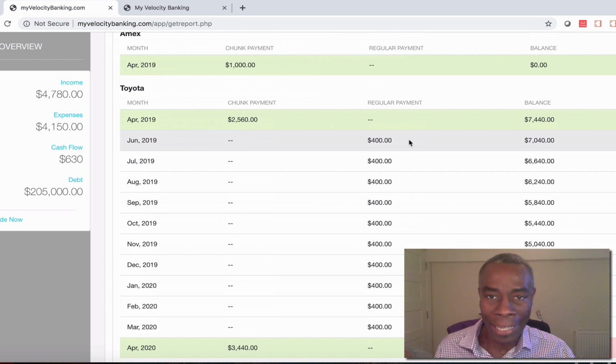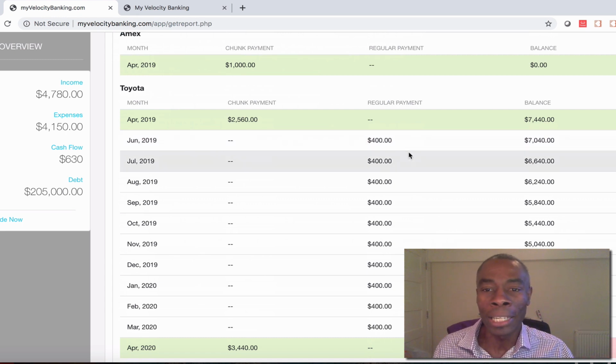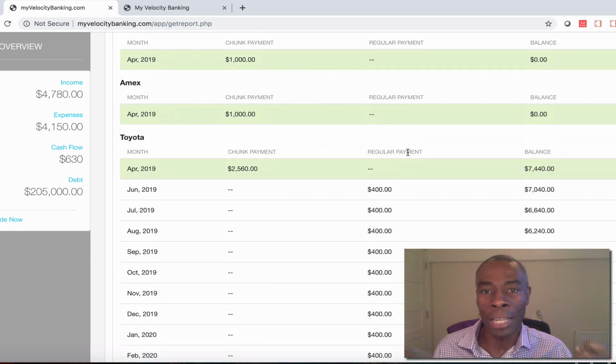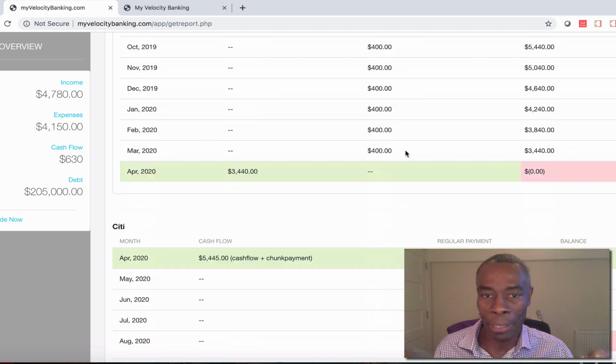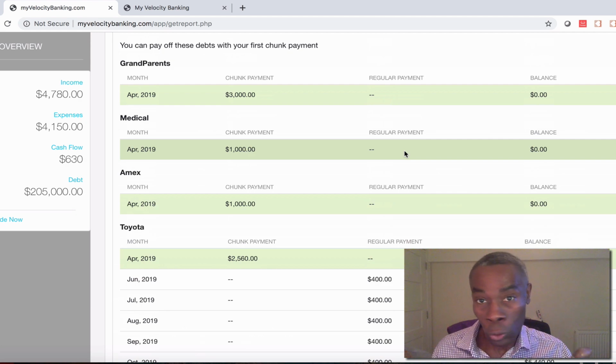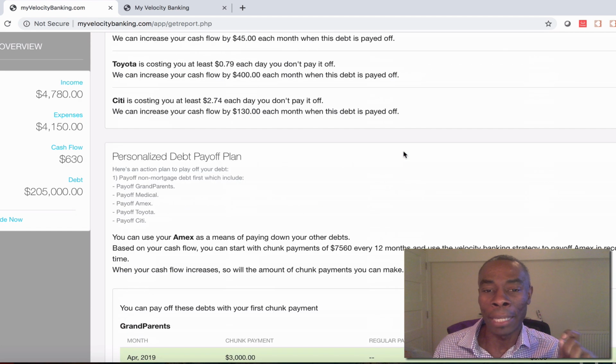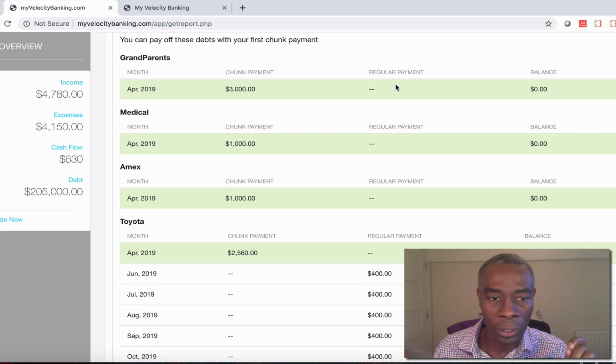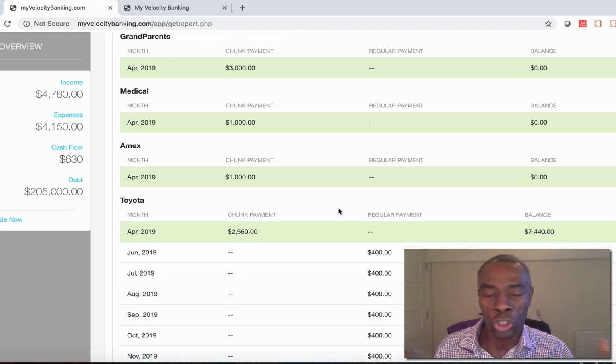Now, if you can't and you must do it, try and figure out another credit card that you can use to actually make this payment. The thing you shouldn't do is, if you look in here and it gives you your one-time chunk payments, your first chunk payments, you shouldn't use any of these cards, because that will have an impact on your cash flow.